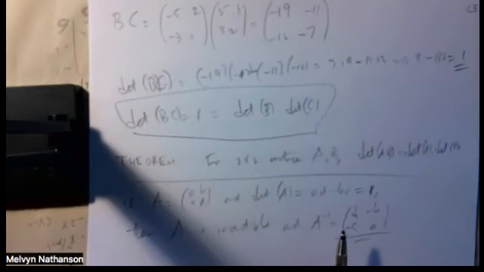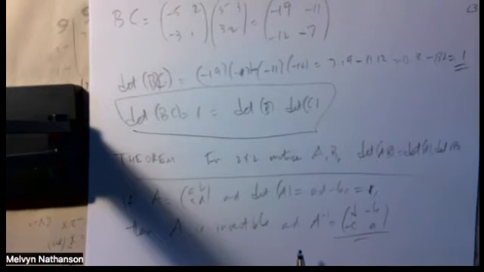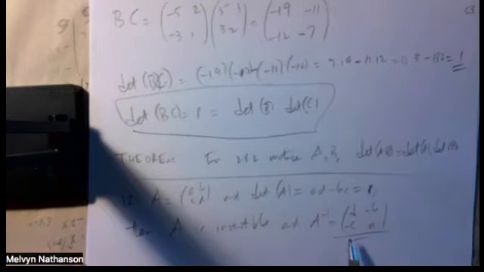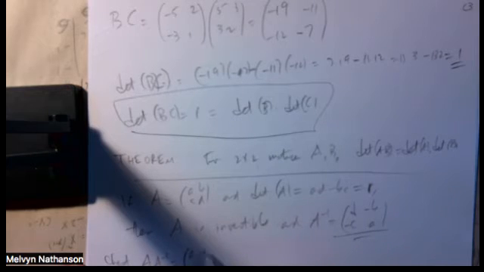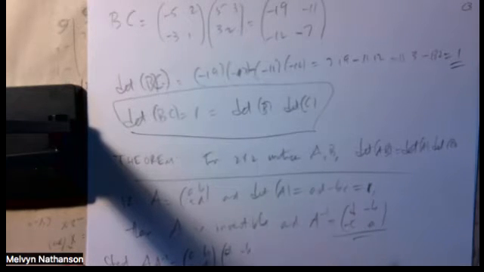Okay. How do I know that? Well, I know it because someone worked this out 100 or 200 years ago, and you have to remember it. Just like you have to remember the times table. But let's just check. A times this matrix, which I called A inverse, this is (a, b, c, d), times (d, minus b, minus c, a).